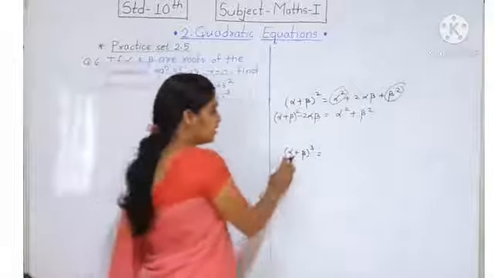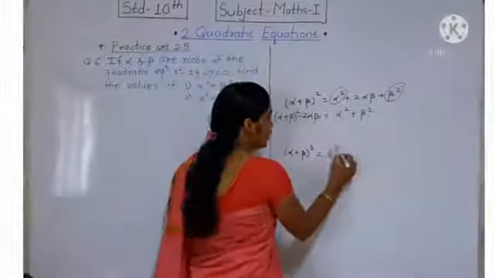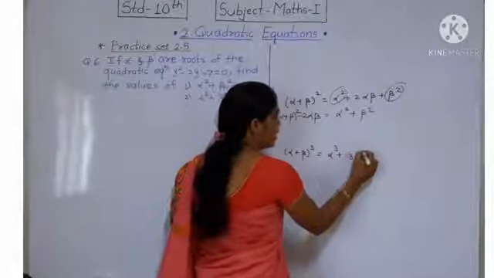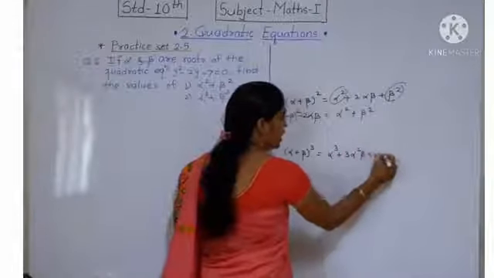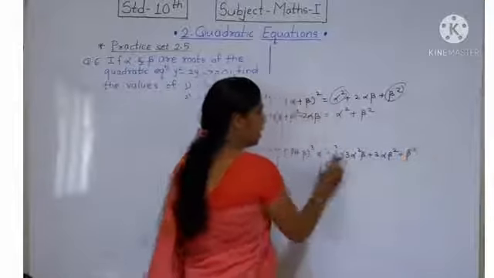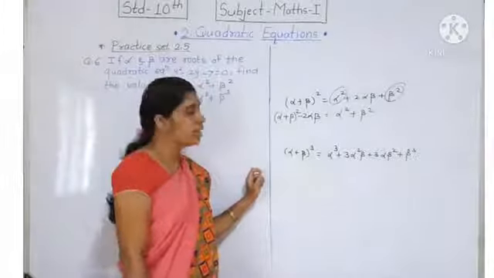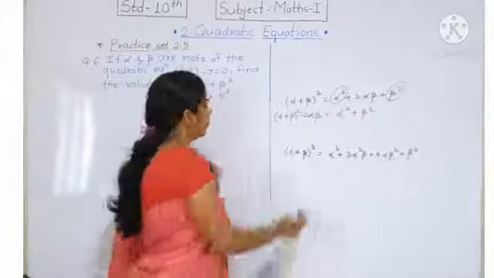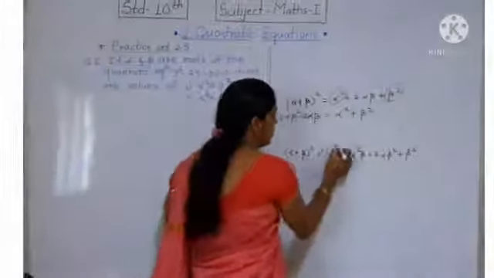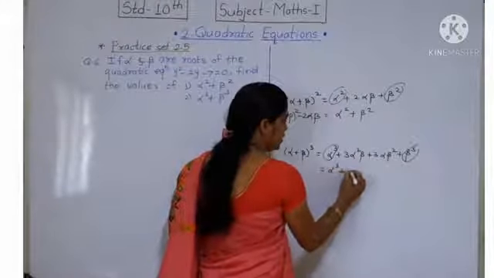Similarly, what is the expansion of (a plus b) bracket cube? It is alpha cube plus 3 alpha square beta plus 3 alpha beta square plus beta cube. We want alpha cube plus beta cube.